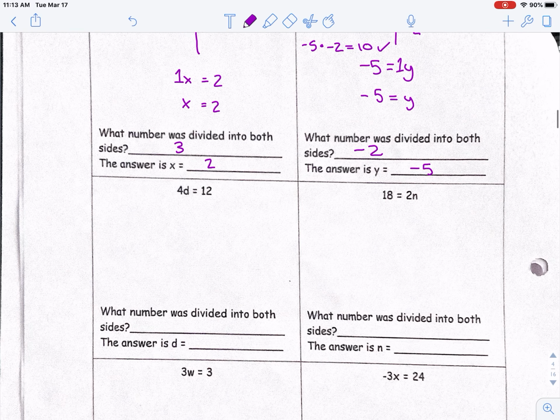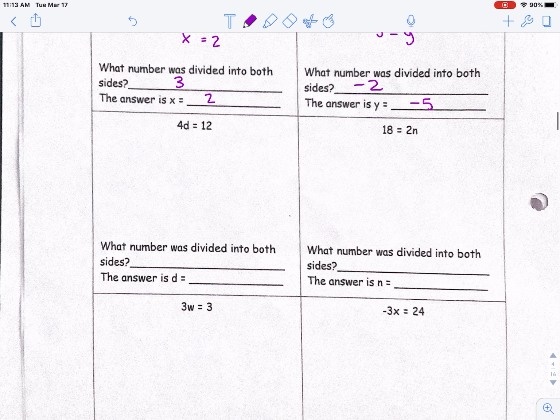All right, we'll do these next two together as well. So now we have 4d is equal to 12. Again, that 4 is being multiplied by that d, so we want to undo that. So we're going to divide by 4, and we get d is equal to 3. Now, some people don't like doing this fraction method that I have right here.